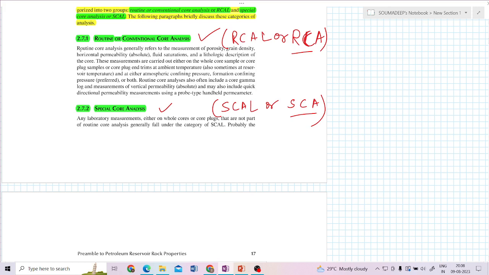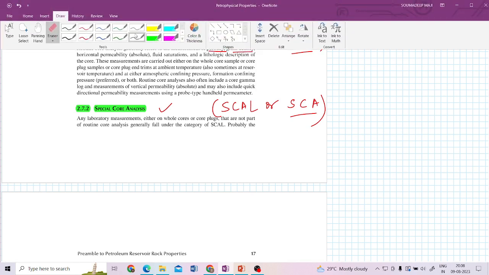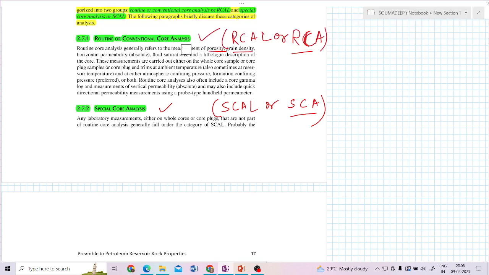So what happens in routine core analysis? Routine core analysis generally refers to the measurement of porosity, grain density, horizontal permeability, that is absolute horizontal permeability, fluid saturations, and lithologic description of the core.